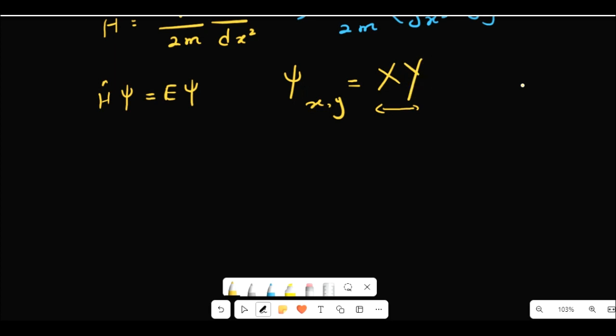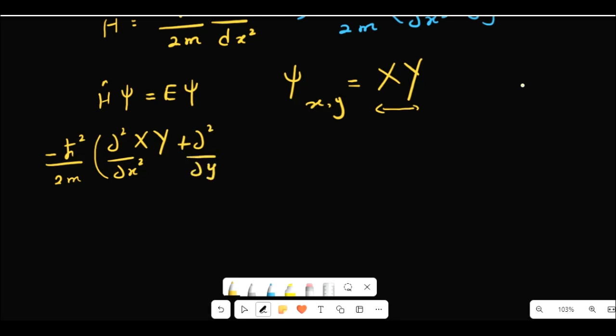So here I have introduced our Hamiltonian operator, h bar squared over 2m, del squared over del x squared of XY plus del squared over del y squared of XY, right? Here I have the wave function times E times XY.